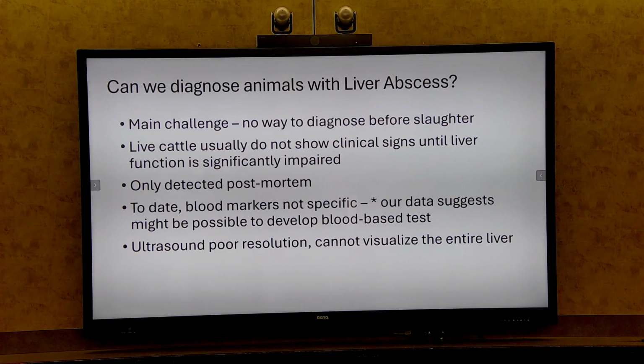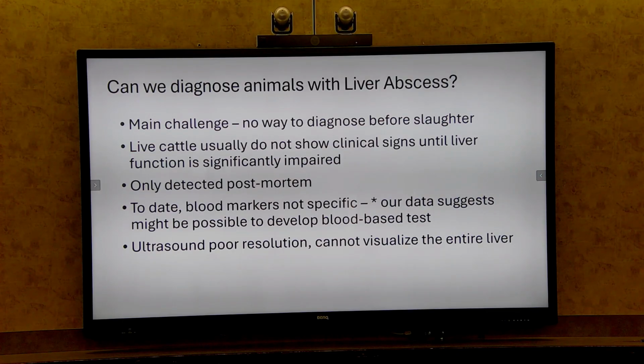To date, people have looked for what are called ante-mortem markers to try and identify which animals have abscesses and which ones don't. That hasn't been developed yet, but our data suggests that it might be possible to develop a blood-based test looking at gene expression.